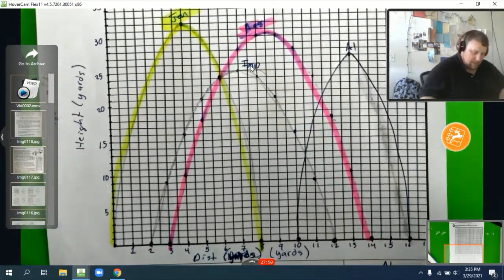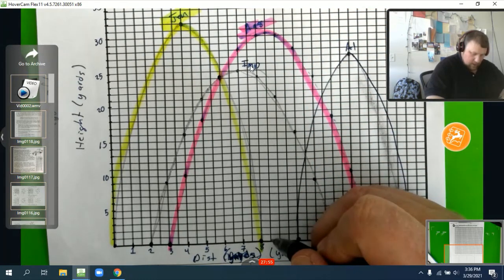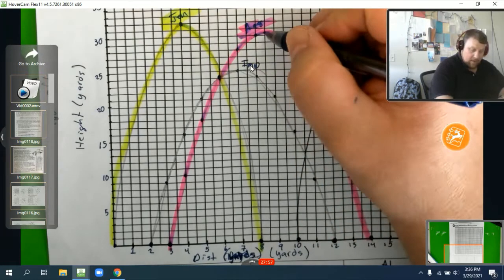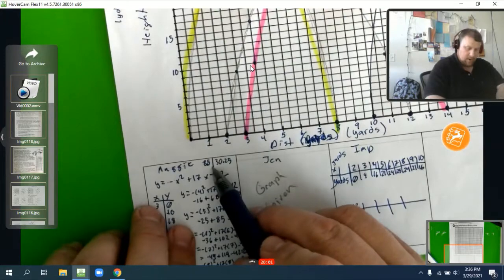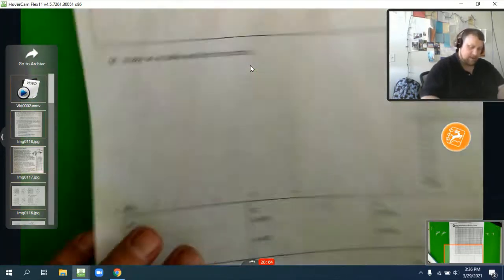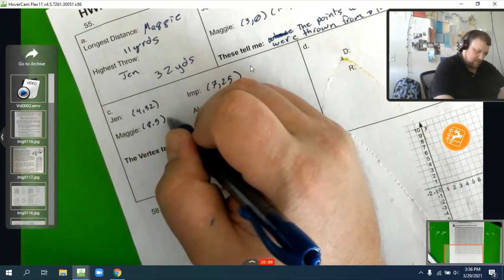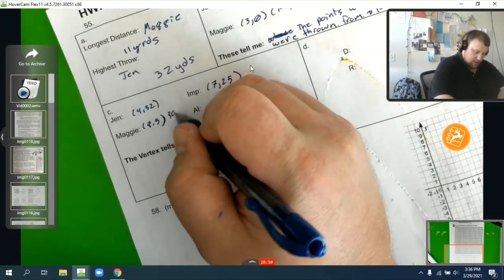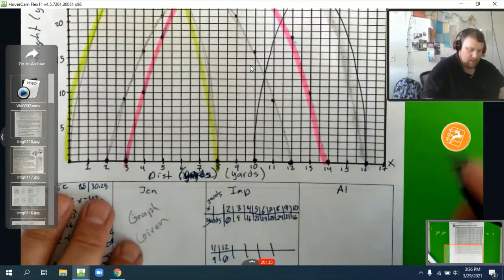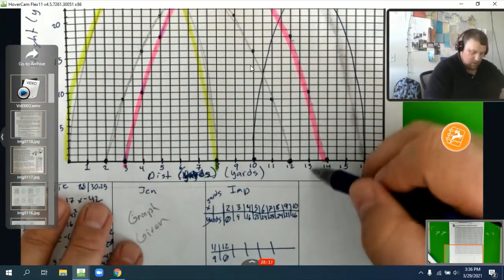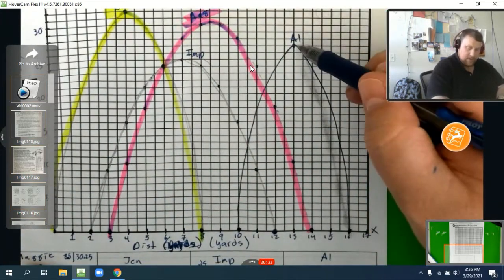For Maggie, let's follow her vertex down. It's at the point (8.5, 30.25). Remember, that's in our table of values. We have right here 8.5, 30.25. That's how I was able to say it so quickly. For Al, it's at the point (13, 27). Sorry, you didn't see that. (13, 27).